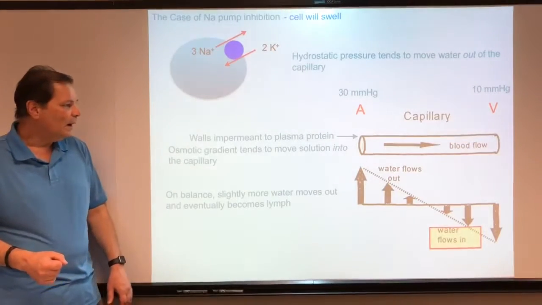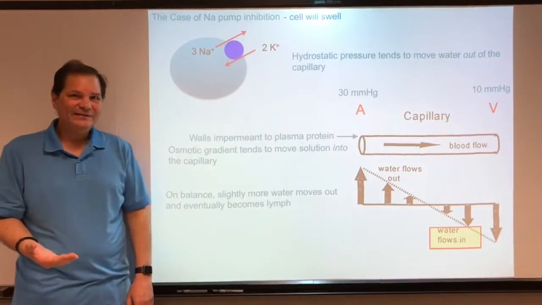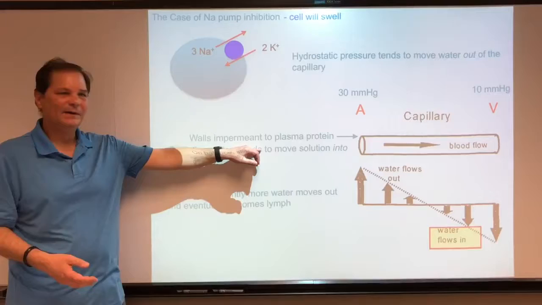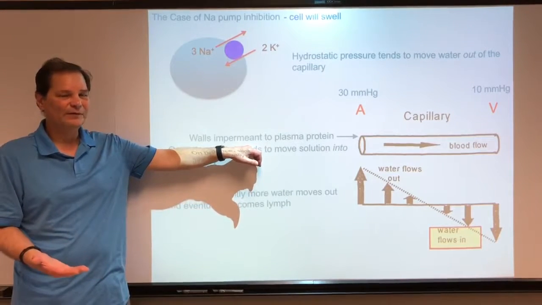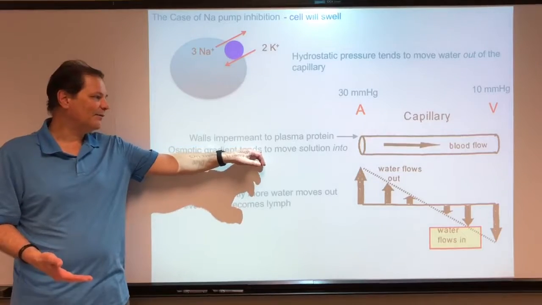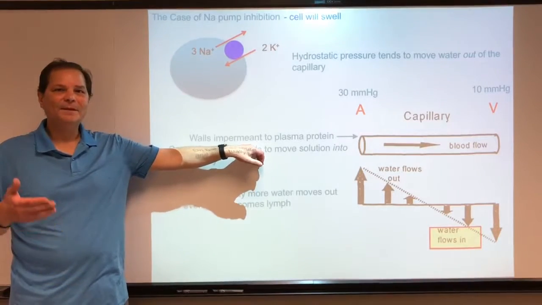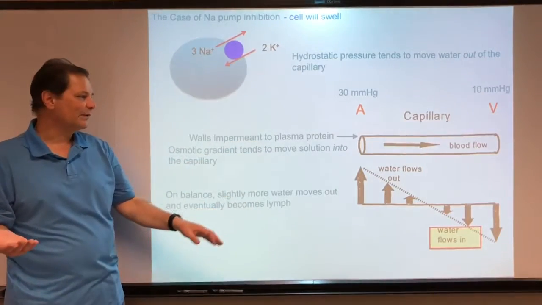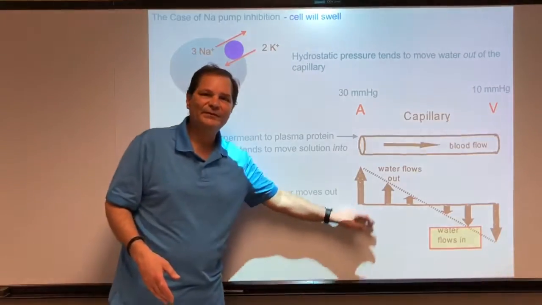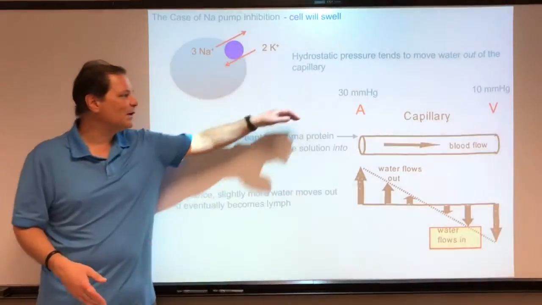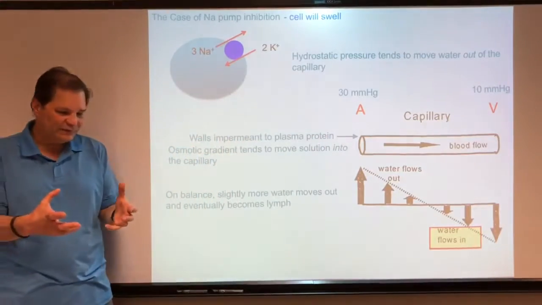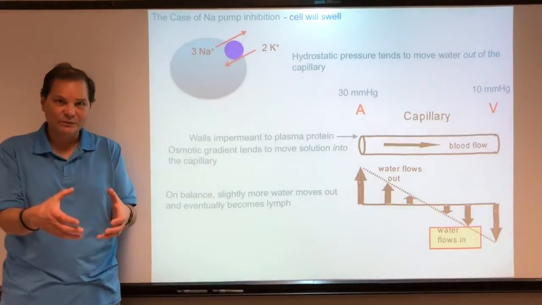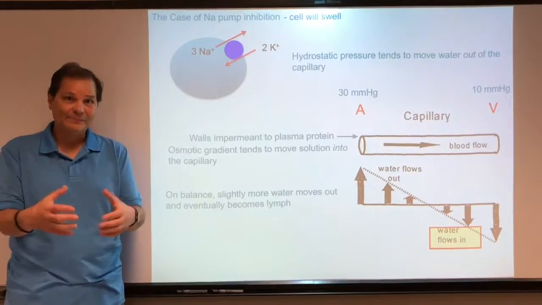All right? If you have a disease state where you're not reabsorbing enough fluid because the osmolarity is too low, let's say there's low protein, or you have a disease state where the hydrostatic pressure is really high, you can upset this balance and you can cause too much water, for instance, to accumulate in the tissues. That causes tissue swelling because they become turgid with fluid, and you get what's called edema.